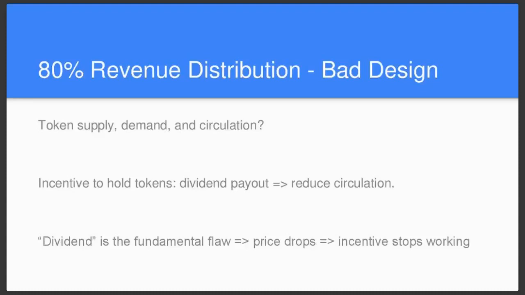However, the dividend idea, the 80% revenue distribution, is the fundamental flaw in the whole token design. It caused the price to drop, and once the price dropped, the incentive power of the token also stopped working. That basically caused the whole collapse of the FCoin business.